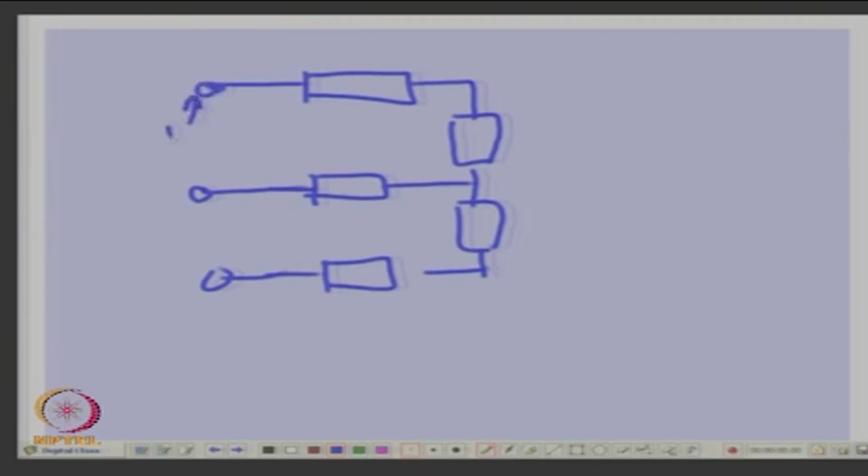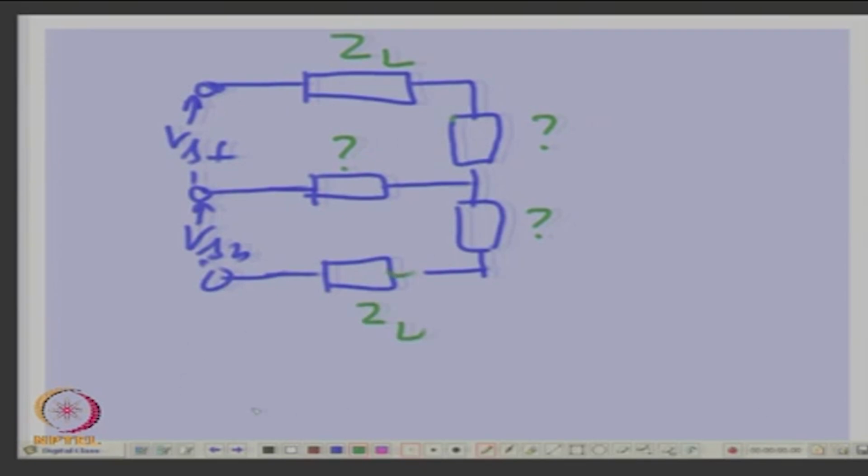We have this VSF, VSB. Then this will be ZL, and you find out what is this, and what is this, after the derivation.